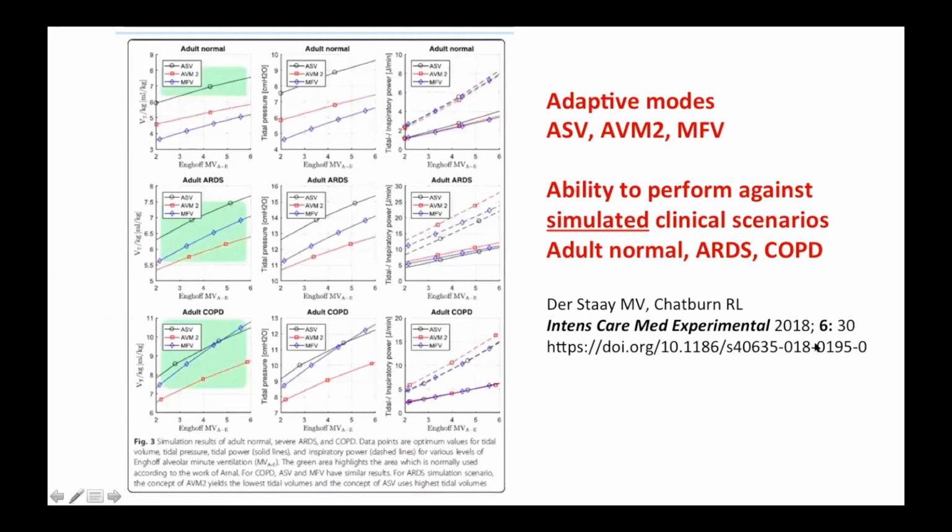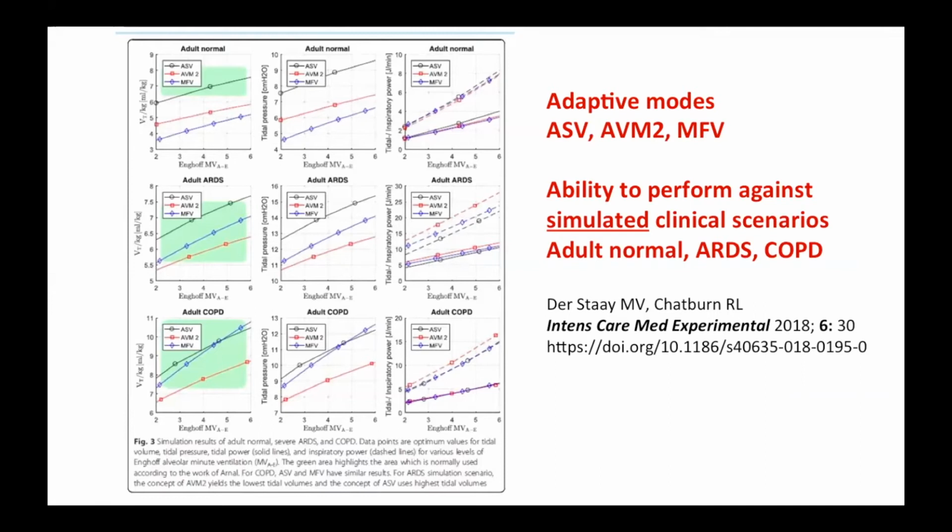And we have some evidence from simulated clinical scenarios which enable us to compare now a number of different technologies that are available for clinical usage. These are adaptive modes such as ASV, AVM2, and mid-frequency ventilation. They have been performed against the simulated clinical scenarios in the adult patients with normal lungs, with ARDS, and with COPD.